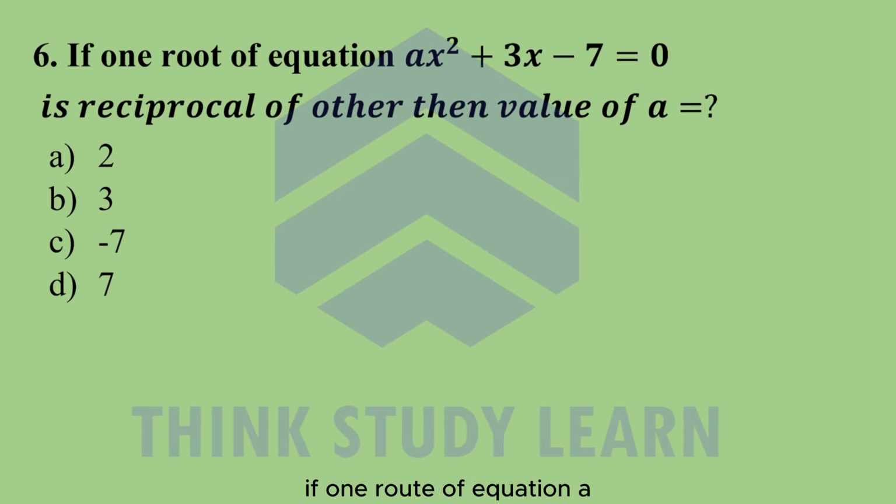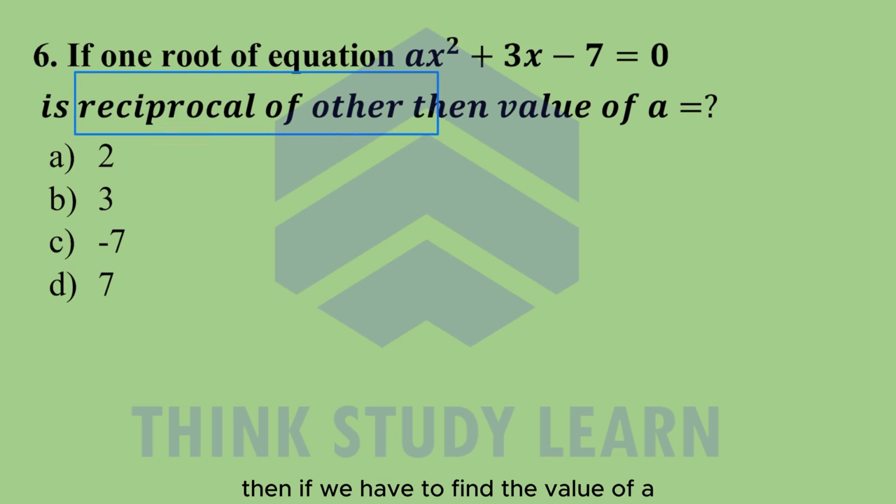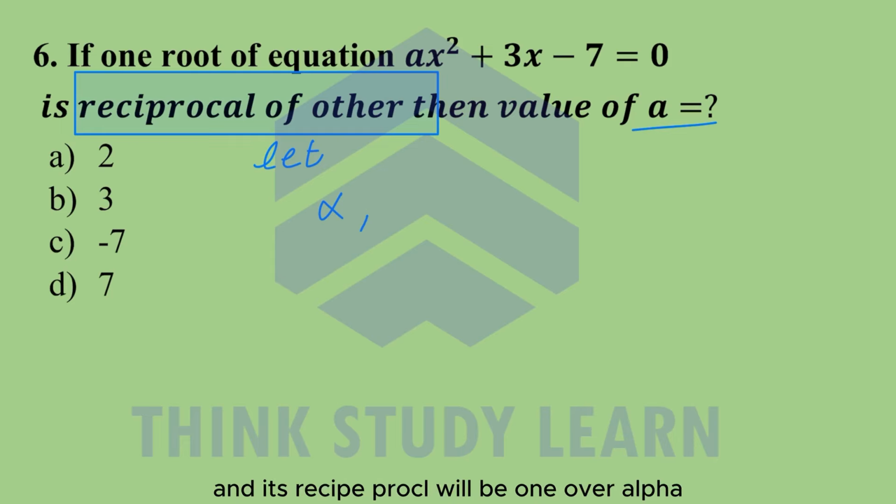If one root of the equation ax square plus 3x minus 7 is equal to 0 is the reciprocal of the other, then we have to find the value of a. So here in this question it is given that one root is the reciprocal of the other. We will take roots, let alpha be one root and its reciprocal will be 1 over alpha.